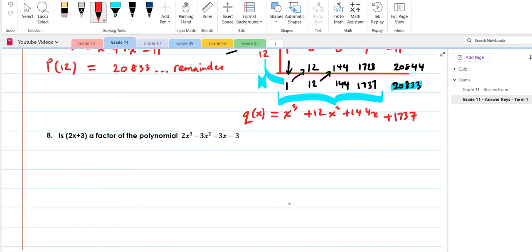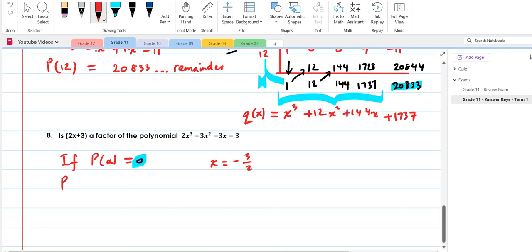If we substitute the zero of this factor inside the polynomial, and we get a 0, remember the rule that says if p of a is equal to 0, if you substitute a value like x equal to a inside the polynomial function and you get a 0, then this part is a factor. So in this case, our a value will be the zero of this factor, which is x equal to negative 3 over 2, and my polynomial function is this.